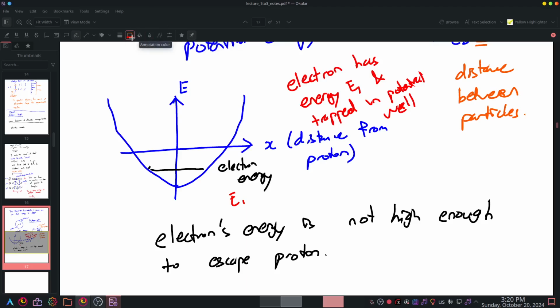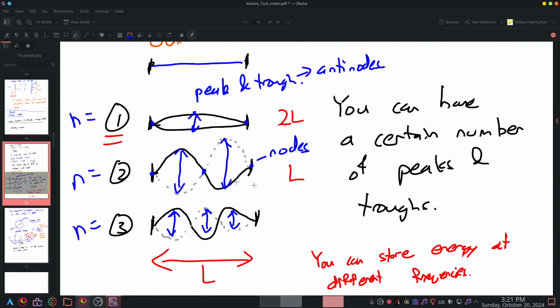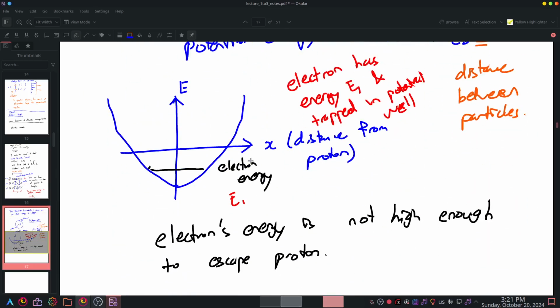So this is the usual picture we will have when studying quantum mechanics, and then we'll have to do some math and determine these energy levels. Strictly speaking, if we have this wave picture, we will have this vibration.